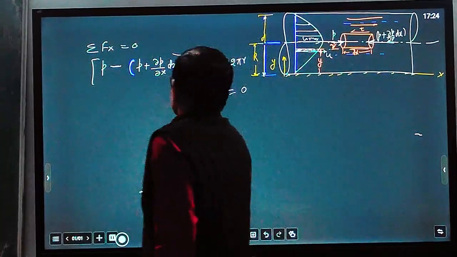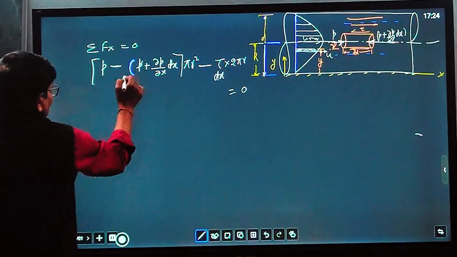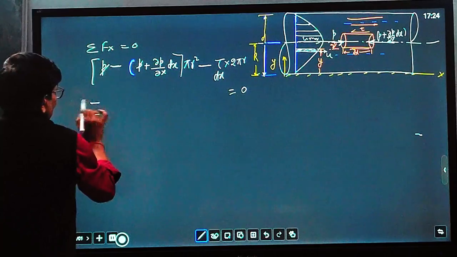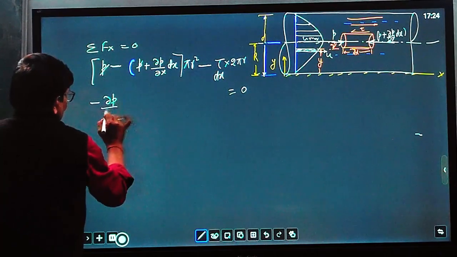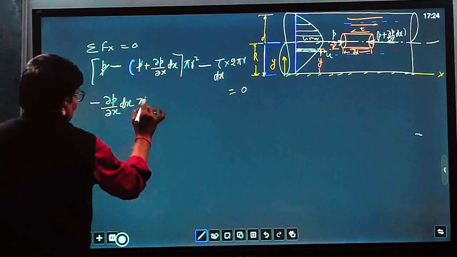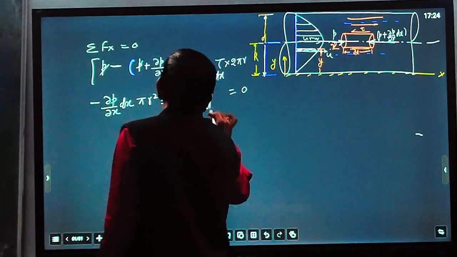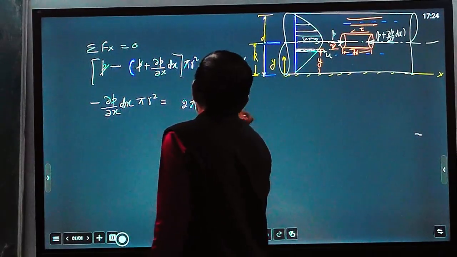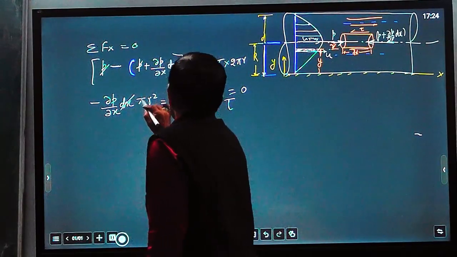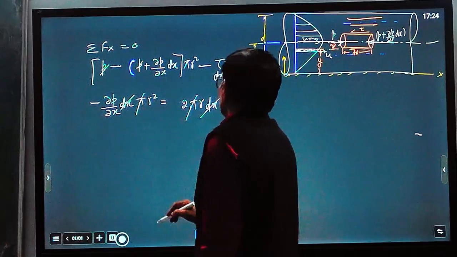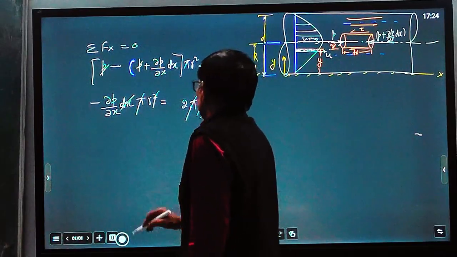Now solving this equation, this term will be eliminated. Minus del p over del x dx into pi r square equals 2 pi r dx into tau. So dx will be eliminated, pi will be eliminated, and one r will be eliminated.